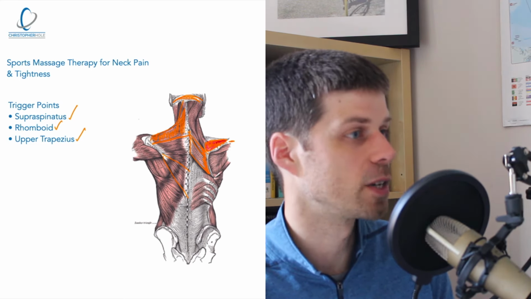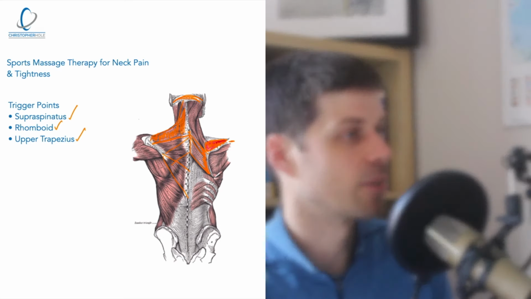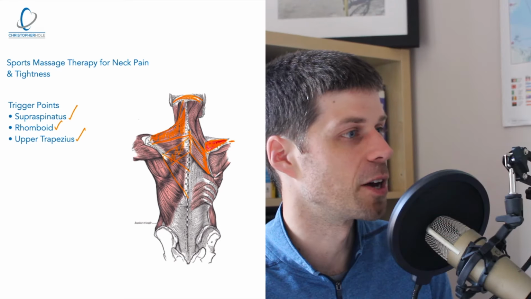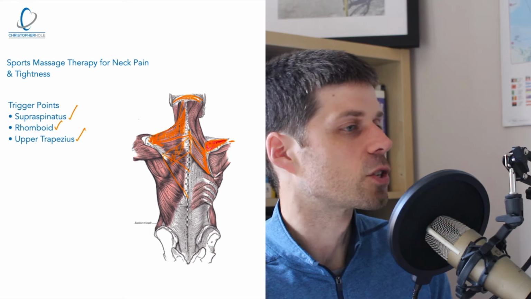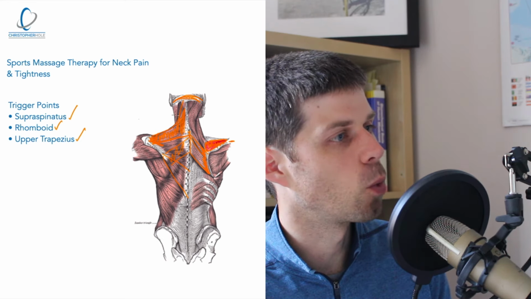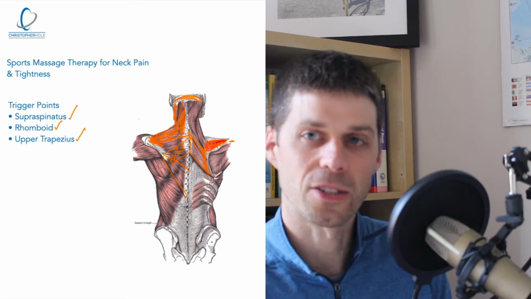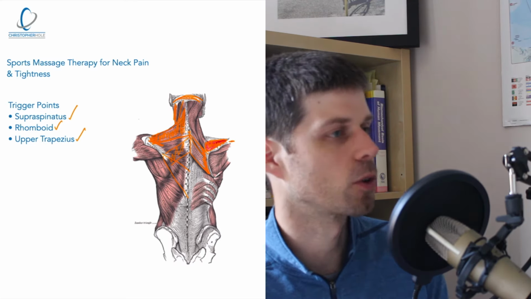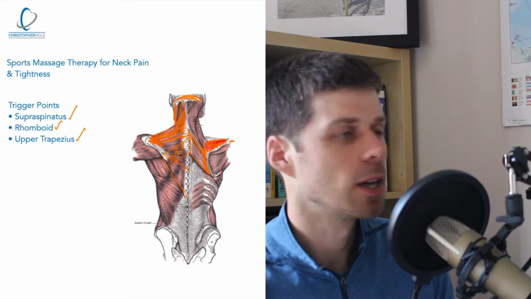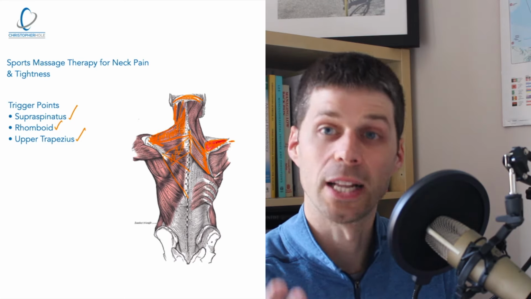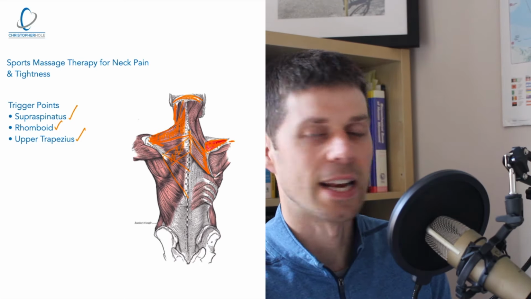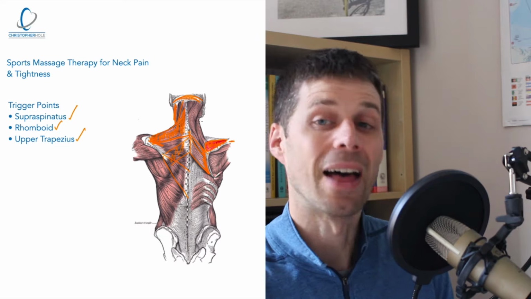You've got the rhomboid on the other side down through here, and then you've got supraspinatus coming over through here. So where we may start working through the neck, the sternocleidomastoid, the scalene, levator scapula and so forth, we then have to come down into the shoulder, into the upper back, to try and release any residual tightness that's being created.